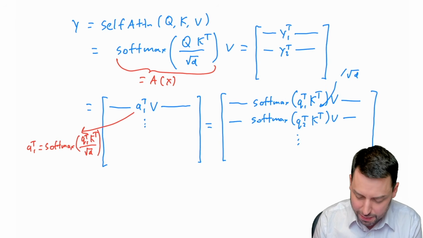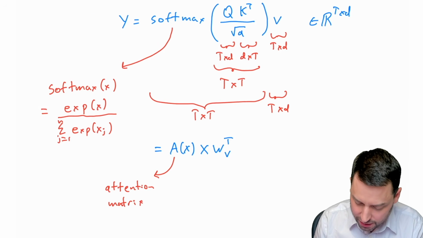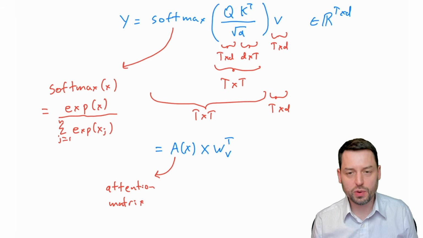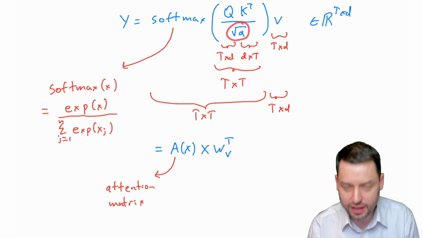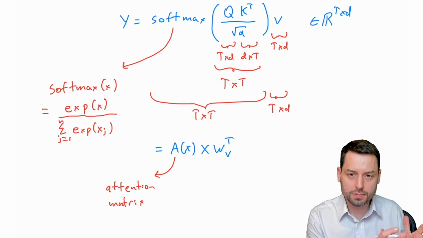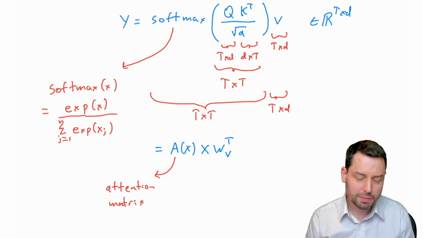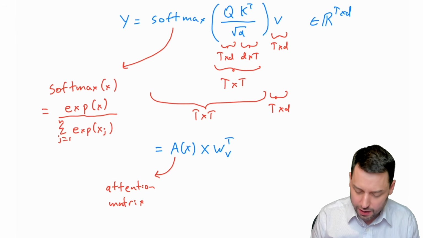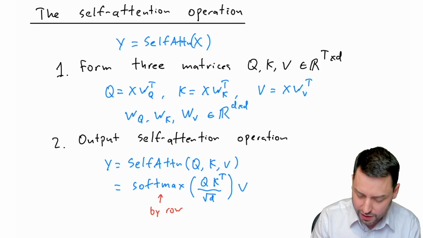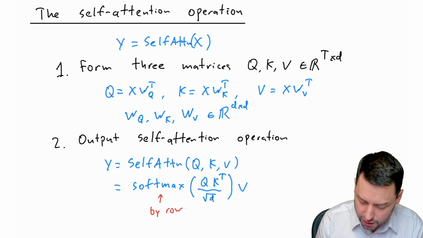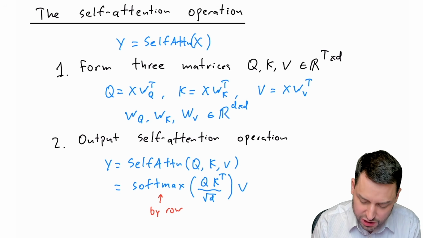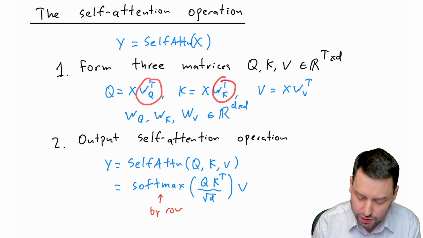I should mention something about this scaling. It might seem odd that we are dividing by root d here, because after all, both q and k are just functions of x. So we could just fold that d into the q and k matrices, but it's a little bit more convenient not to. When we include this division by root d, this lets us use more standard initializations for WQ and WK.